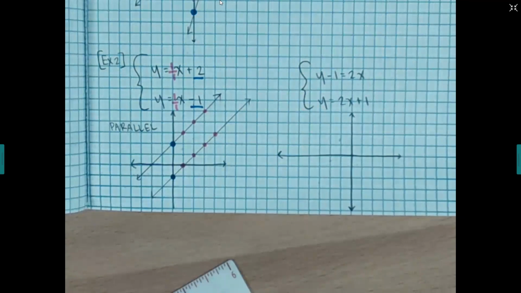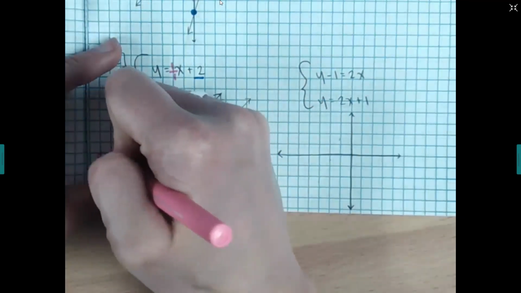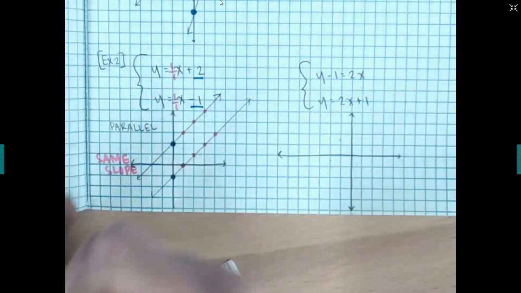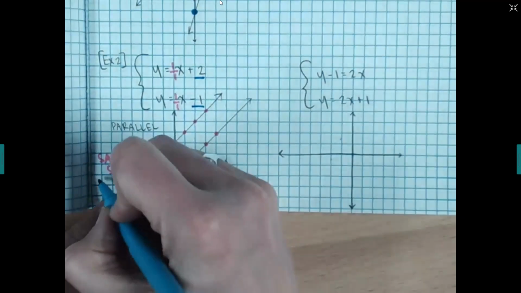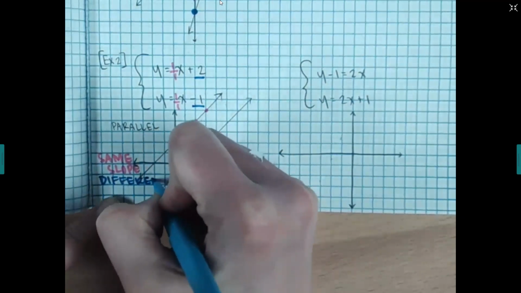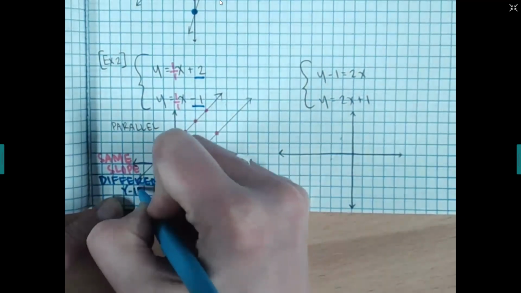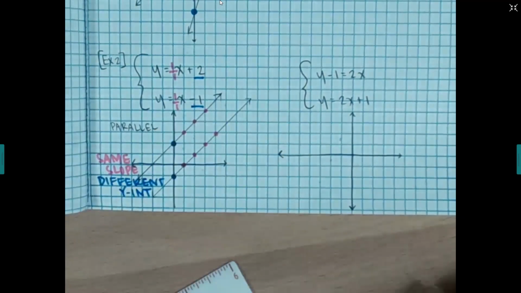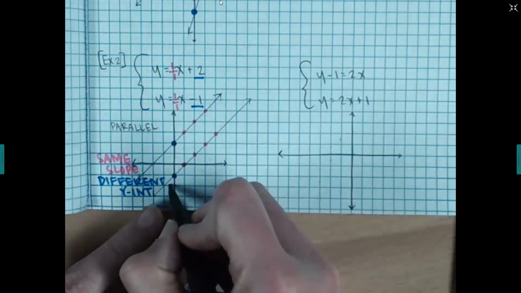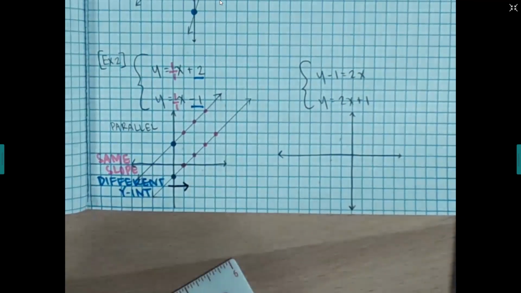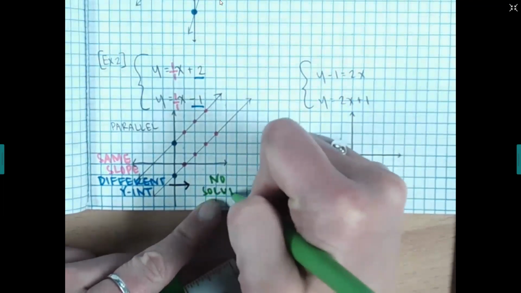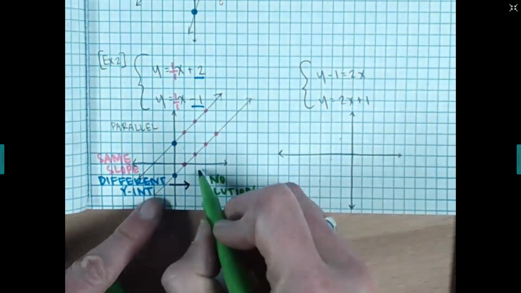This means they have the same slope and different y-intercepts. And because they do not intersect anywhere, they have no solution. There is no ordered pair that will work for both of these lines at the same time.